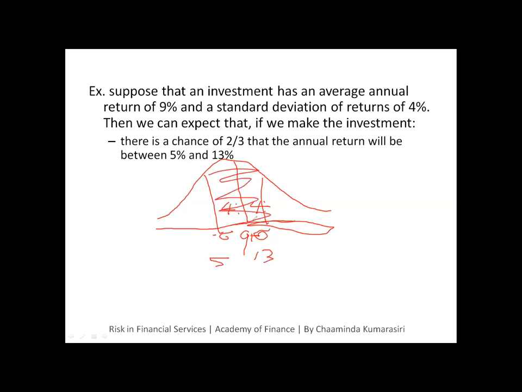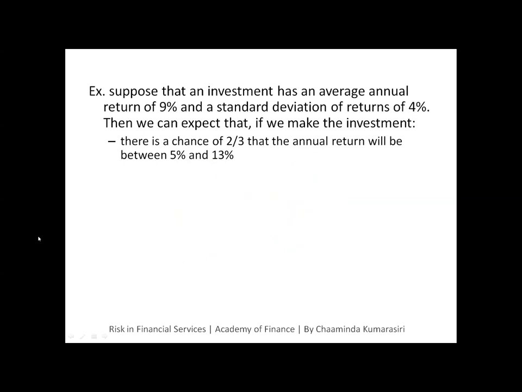So between this area, you have 66% of the data. That's the mechanism. If you go one step further, 2 standard deviations, that is 9 plus 8, which is 17, and 9 minus 8, which is 1. Between these two, you have 95%. That is based on the normal distribution we discussed.